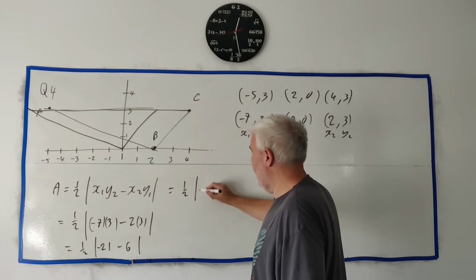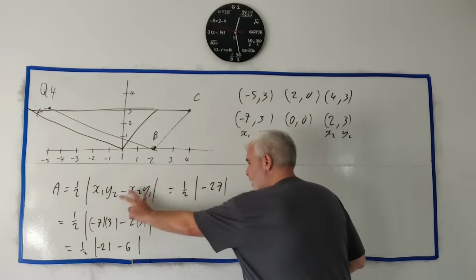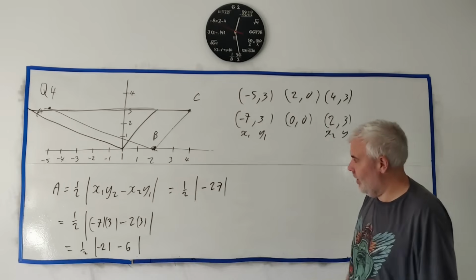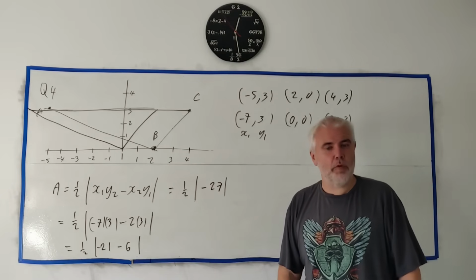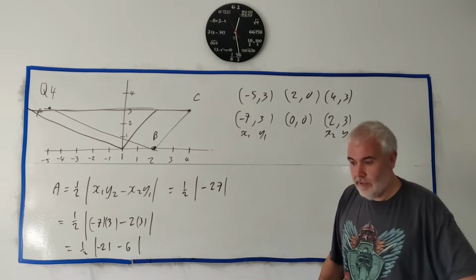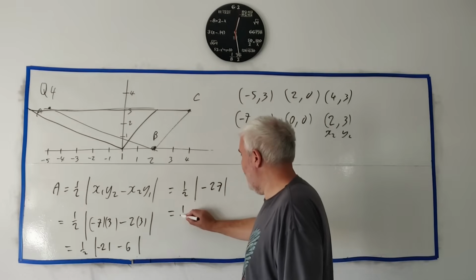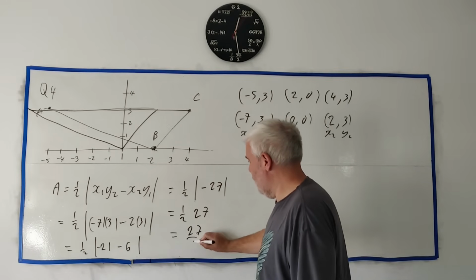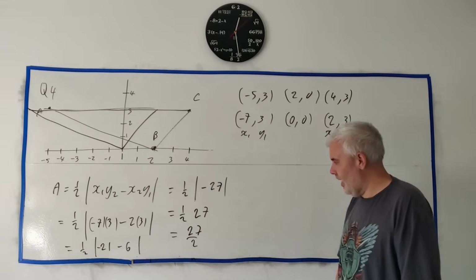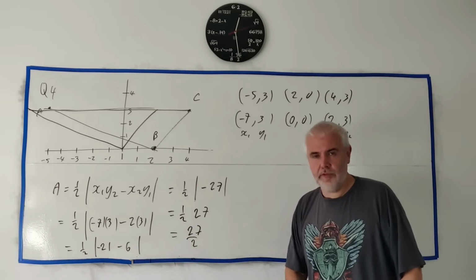It's a half, absolute value of minus 27. Remember what these two lines meant: if we get a minus in there, we can just change it to a plus. That just means make sure something's always a plus. So this is the same as a half times 27. We'll leave that 27 over 2, but of course you can write that as 13.5 as well. That's the answer. That's full marks for the answer.